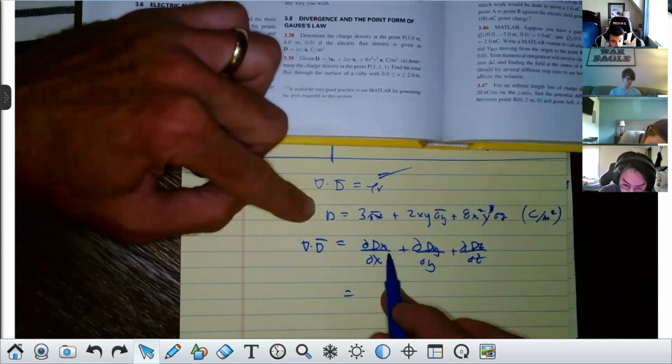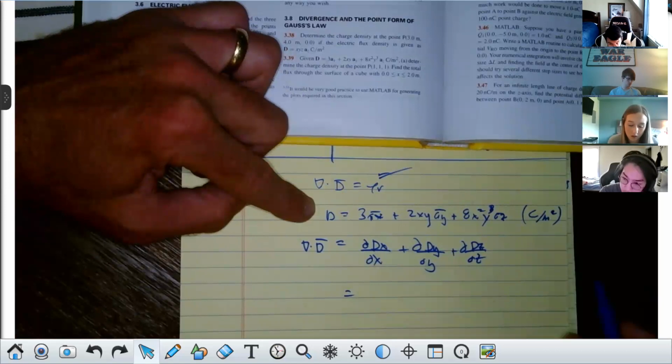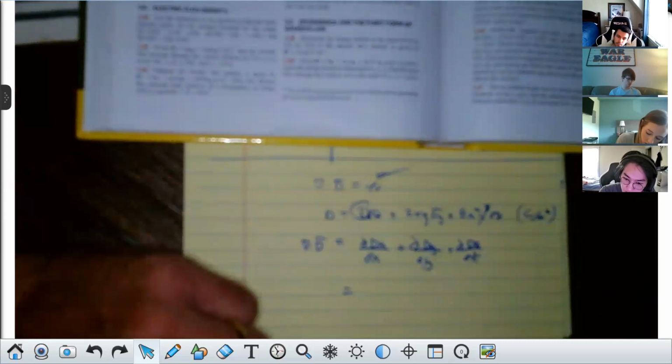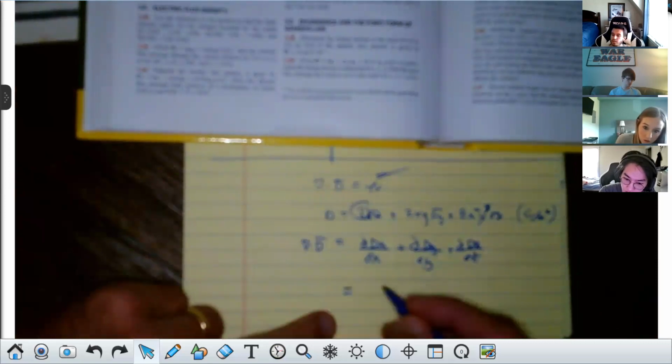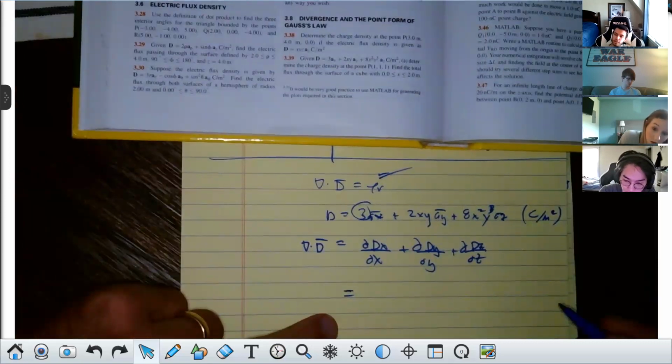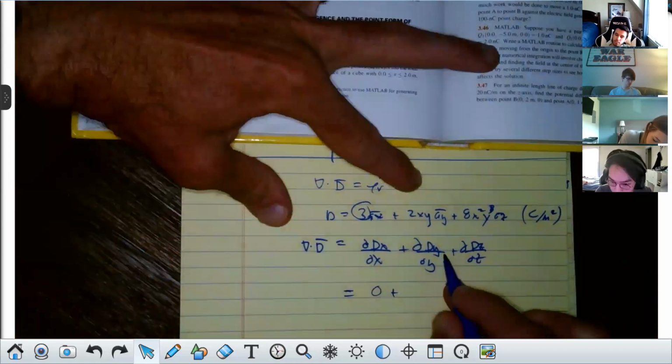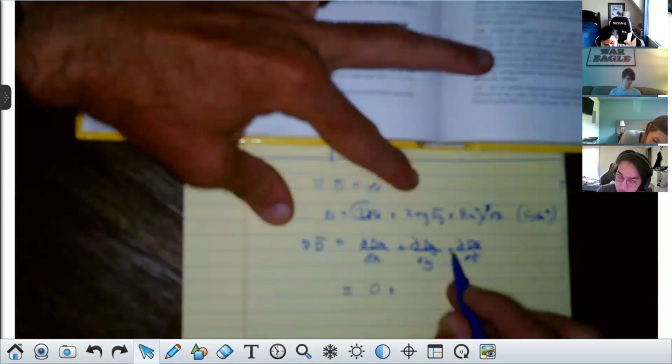3. What's the derivative of 3 with respect to x? Isn't it 0? It's a constant. Plus, now, what is Dy? It's 2x.